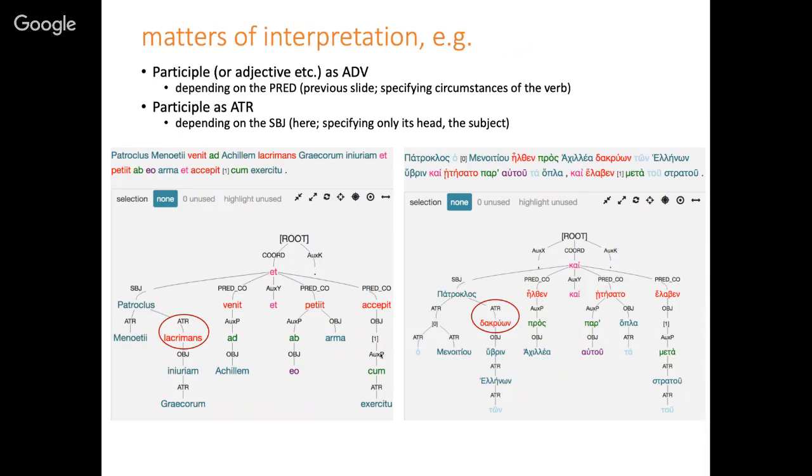So Patroclus, son of Menoetius, is coming crying. The participle is defining Patroclus directly there. Both annotations are in fact okay. It depends on your interpretation.